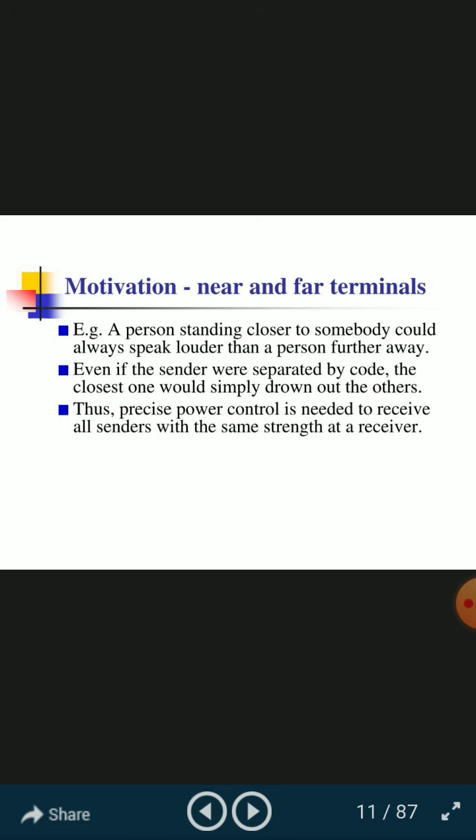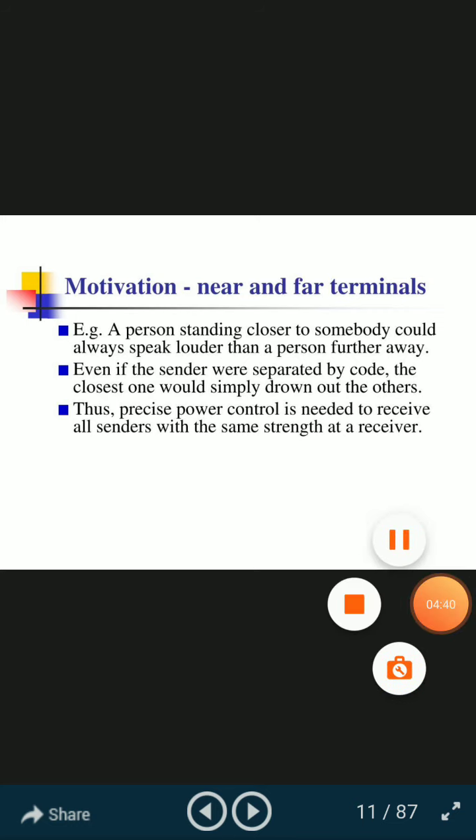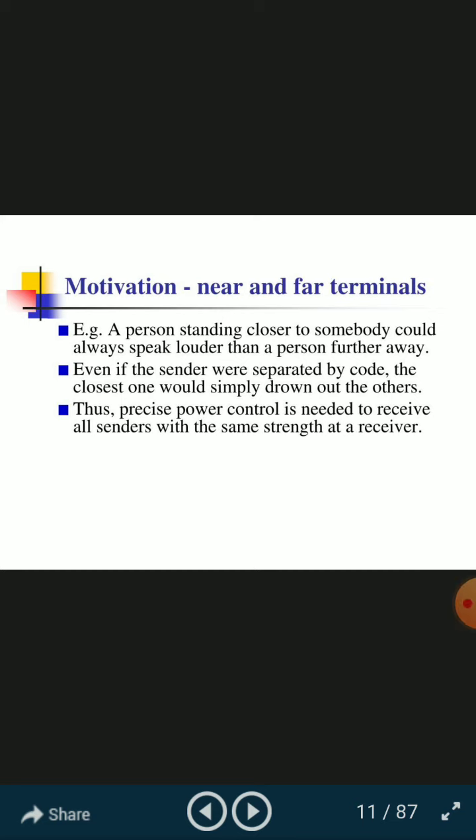For example, a person standing closer to somebody could always speak louder than a person further away.